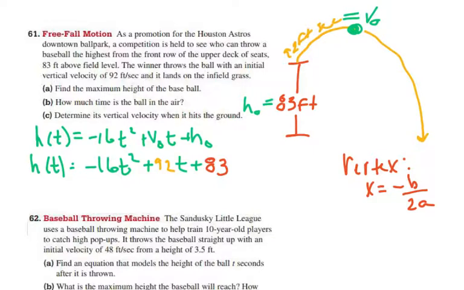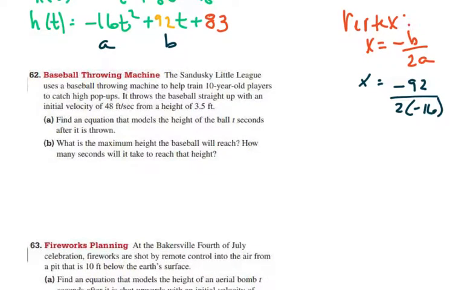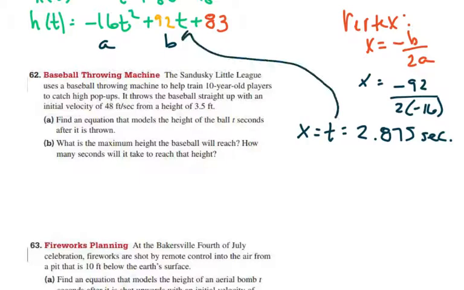So if this is our b value and this is our a value, our vertex is going to be negative 92 over 2 times negative 16. Of course, that's only the x value, and so in order to find that height, we'd have to plug in the x to get the y. But either way, that means that our x, or the time, is going to be at 2.875 seconds. And so then we take that t and plug it back into each of these pieces in order to find the height.